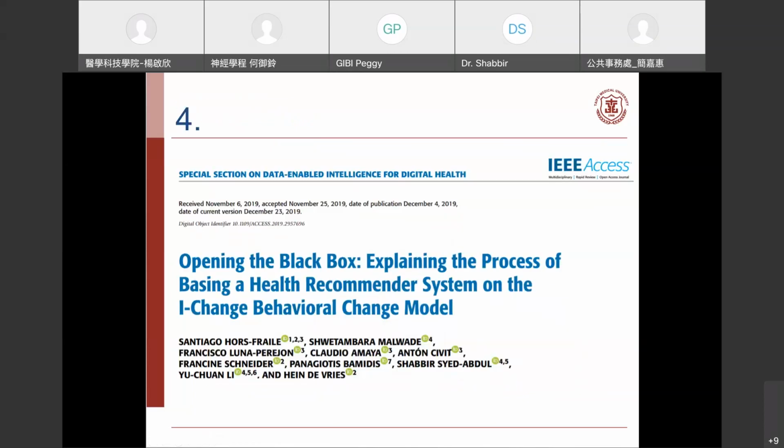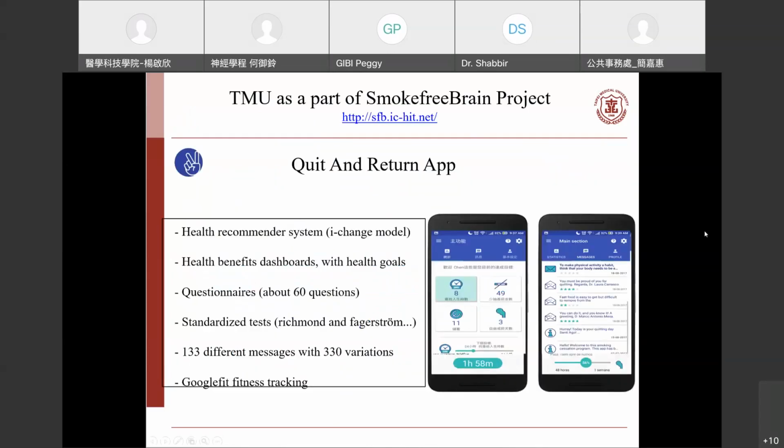And this is my last one, where we are using health recommender systems on the iChange behavior model. This was another H2020 project where we were sending messages to people who are interested in quitting smoking. You see, this is the dashboard.